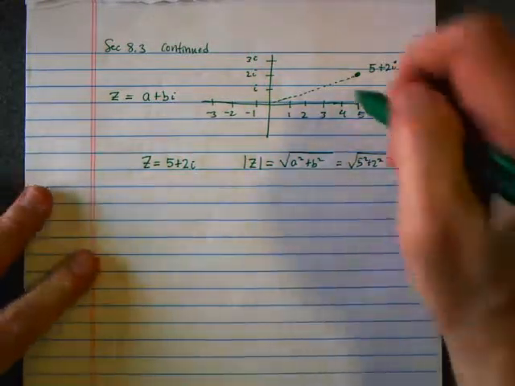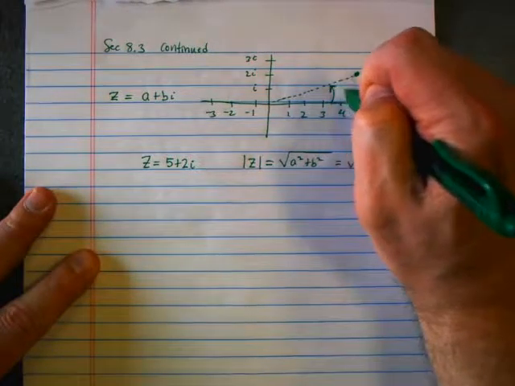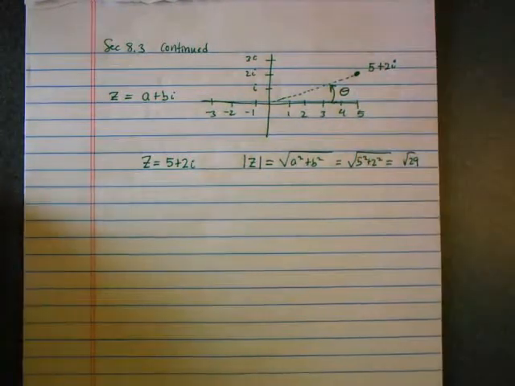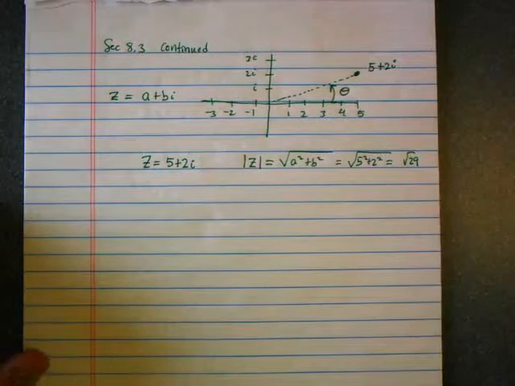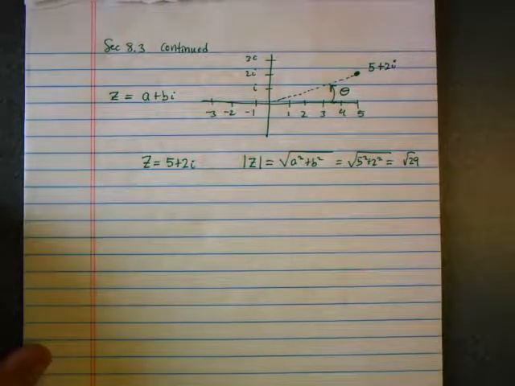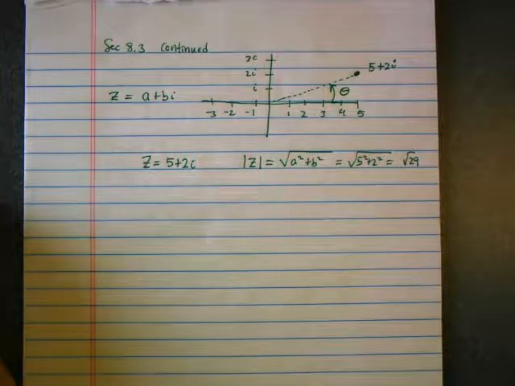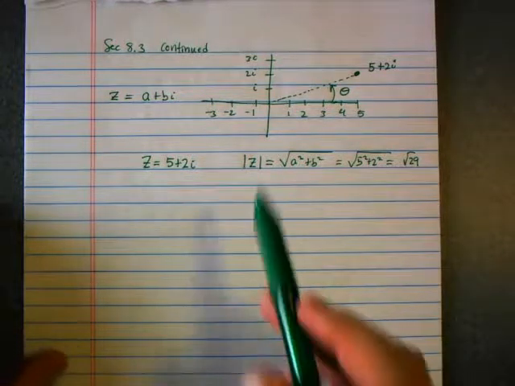And then we needed, for polar form, this angle theta. How would I find theta? Not the Pythagorean theorem. I use the Pythagorean theorem to find the length.